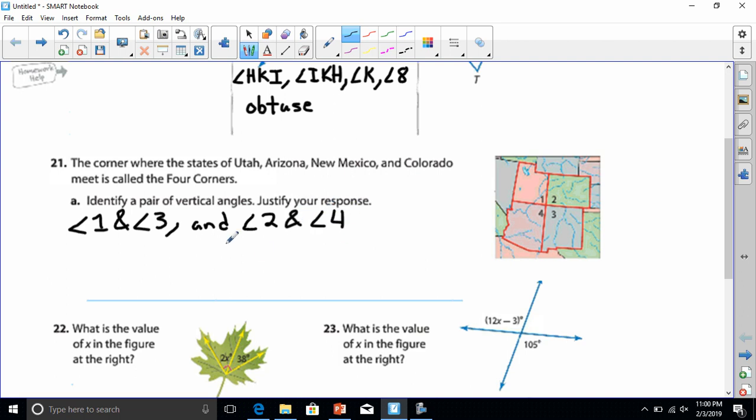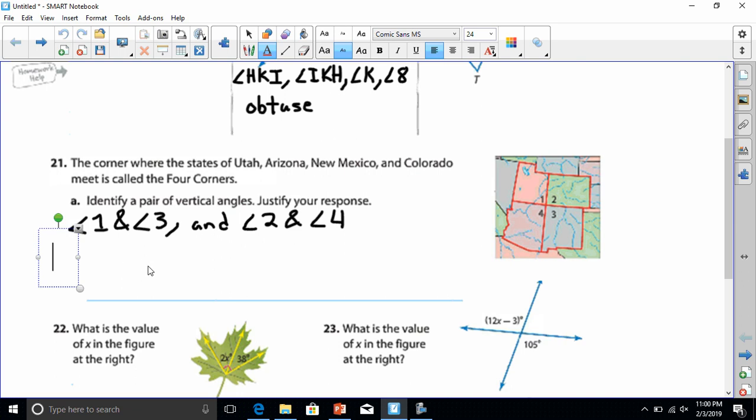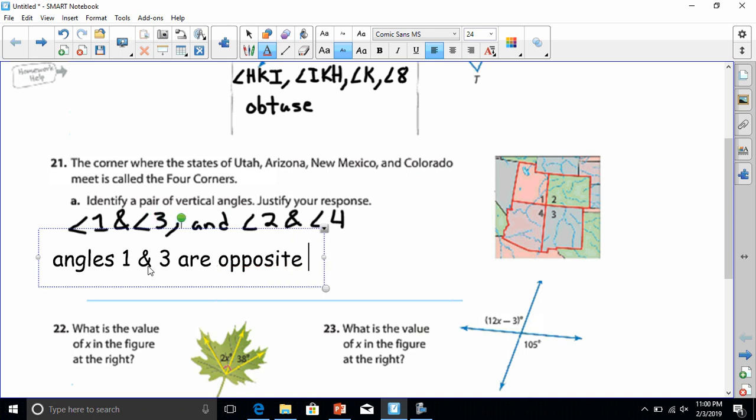It says justify a response. I would simply put, angles 1 and 3 are opposite each other.